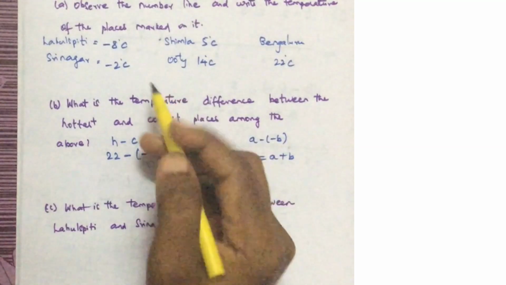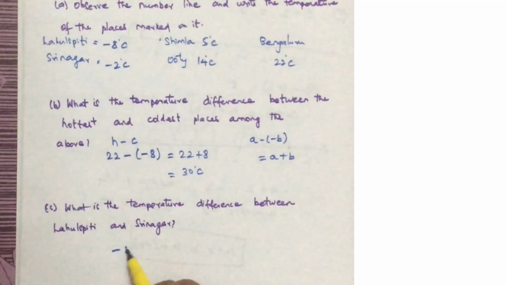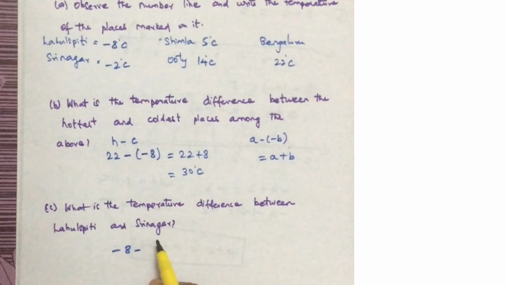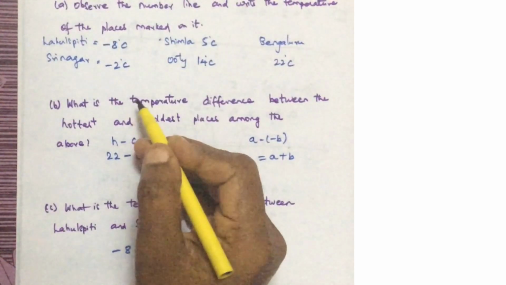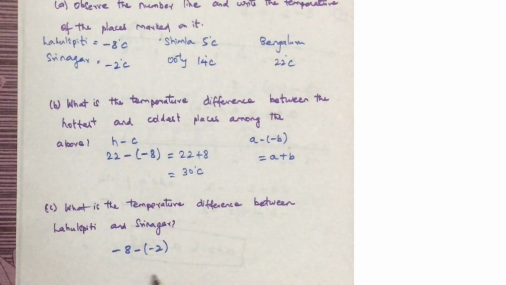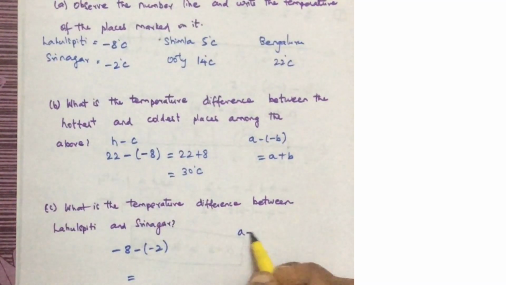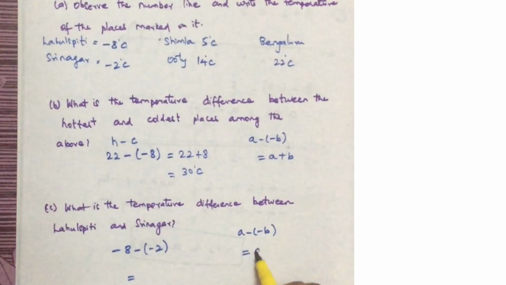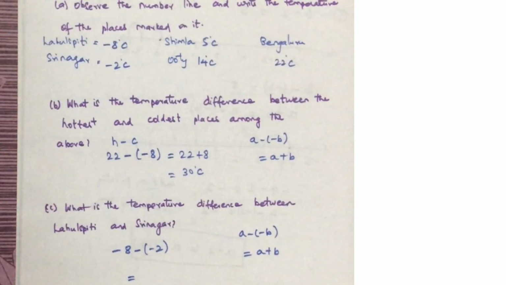Okay. Here Lahul Spiti is minus 8 minus Srinagar. The temperature of Srinagar is minus 2 degrees. Minus 2. Okay. The same thing, A minus of minus B can be written as A plus B. So minus 8 minus into minus, plus 2.